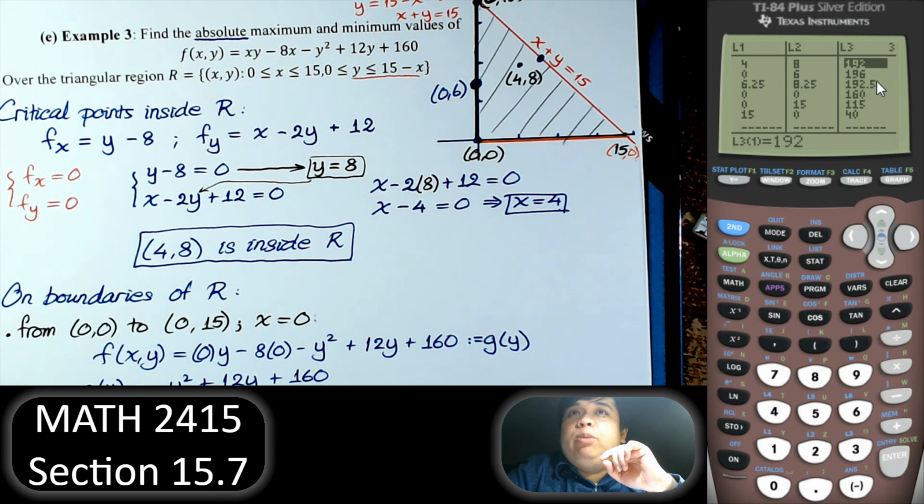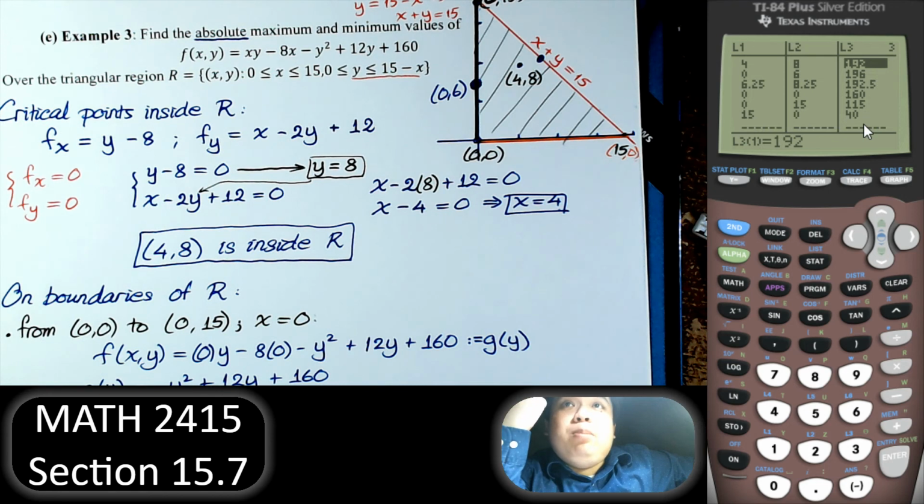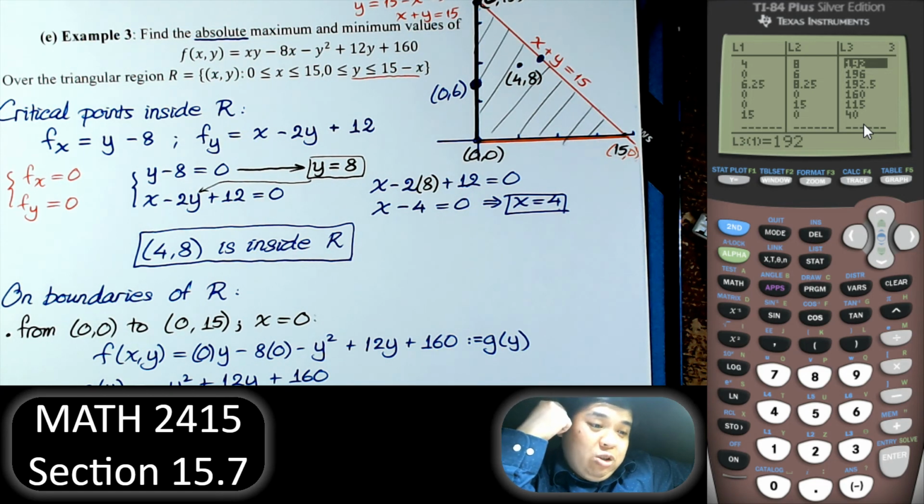And the minimum will be 15 and 0. So after we evaluate this, we can say that the maximum is 196 when x equal to 0, y equal to 6, and the minimum is 40 when x equal to 15 and y equal to 0. So that's what we have.